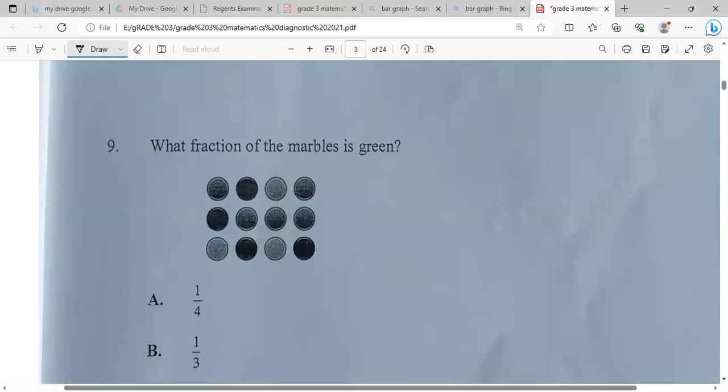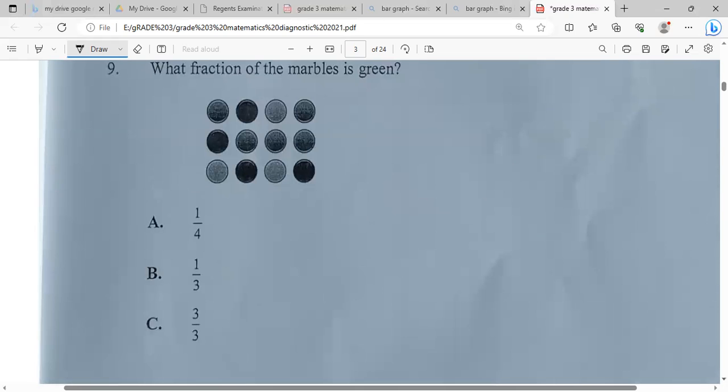All right. It says, what fraction of the marbles is green? No, we don't know, because guess what happened, guys? I don't see any color on it. I could just assume these are the green ones, the brighter ones, 1, 2, 3, 4, 5. No, I think they are different colors.